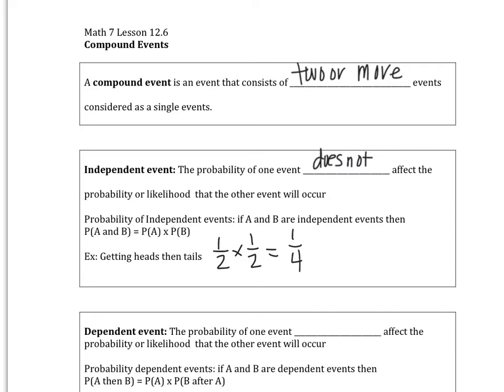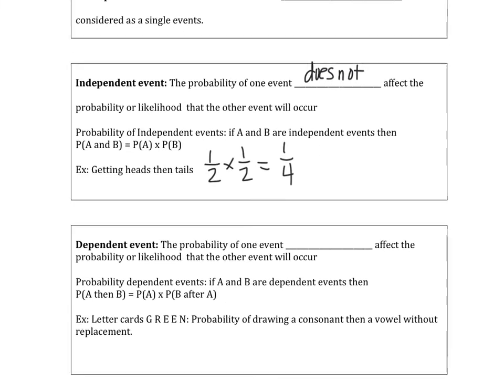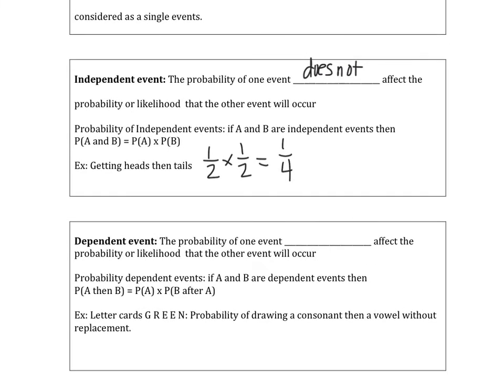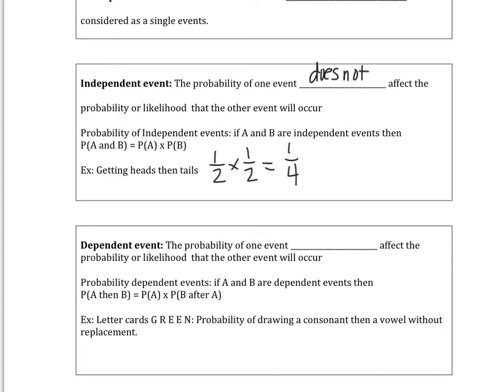Now let's take a look at dependent events. The probability of one event does affect the probability or likelihood that the other event will occur.